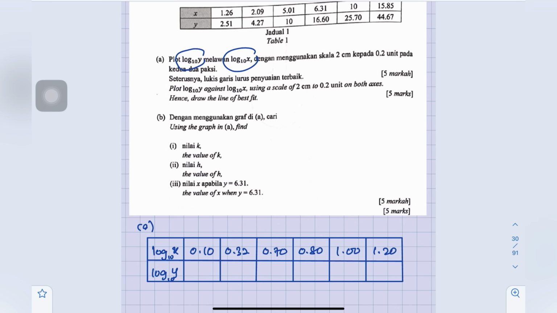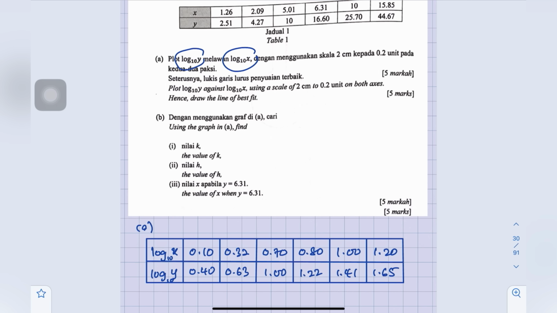Okay, so log 2.51, 0.40, log 4.27, 0.63, log 10, 1.00, log 16.60, 1.22, log 25.70, 1.41, and log 44.67 is 1.65.